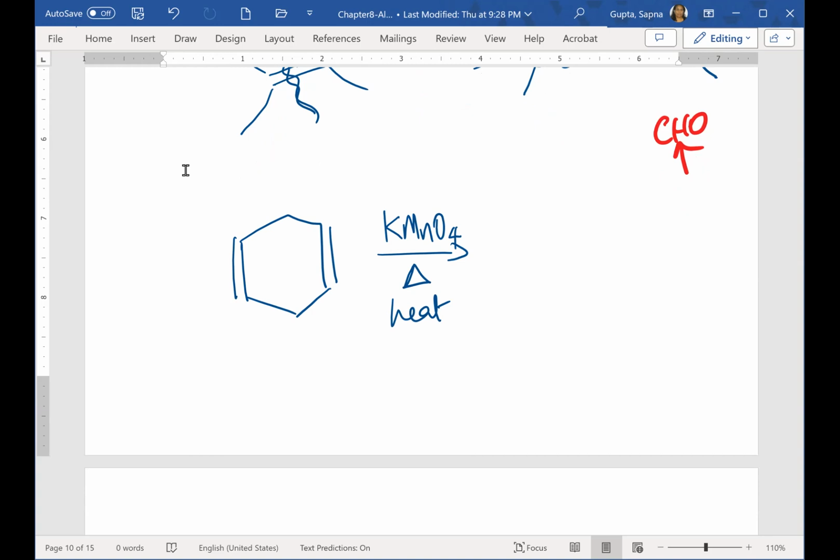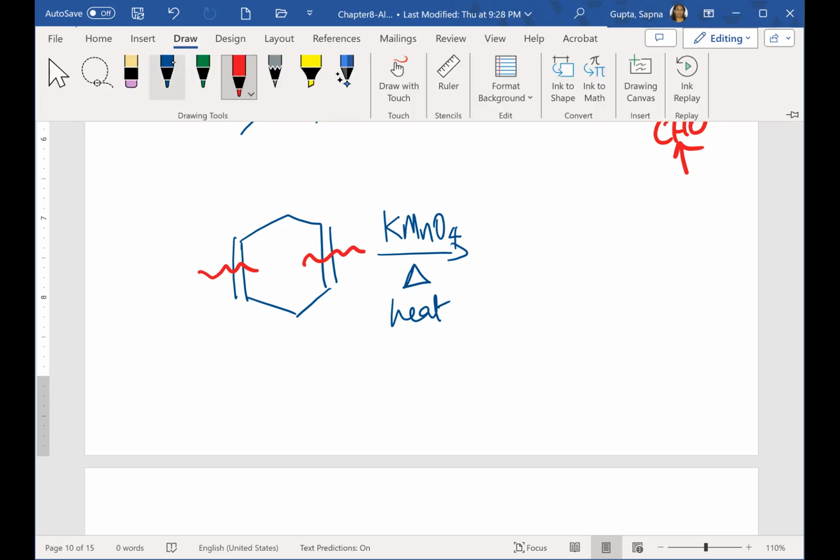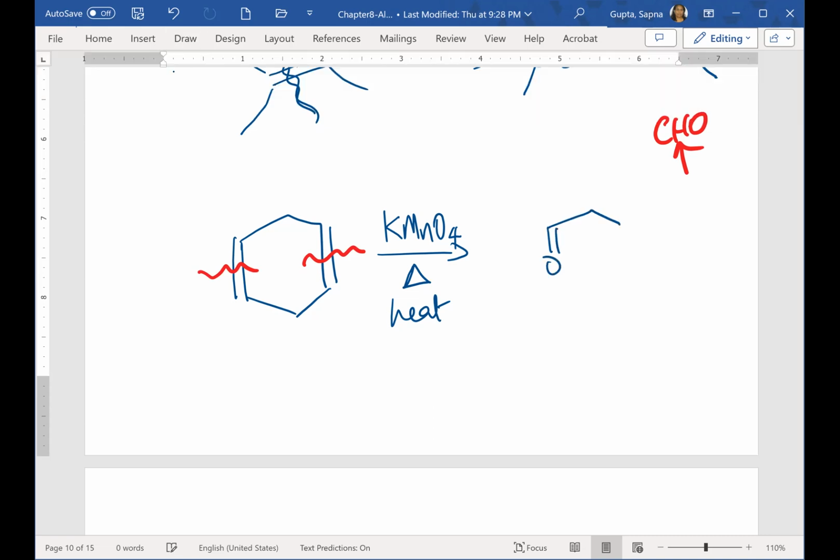If you use KMnO4 at room temperature, you get a diol. If you take KMnO4 and you heat the alkene, now you will start cleaving it. Okay, so now you break the double bonds. But the interesting thing here is that you don't get aldehydes and ketones, you actually get acids. So again, same thing.